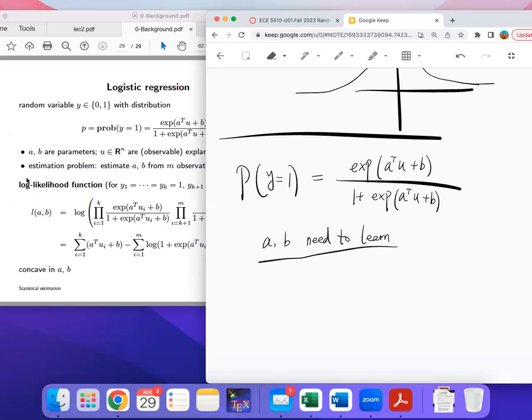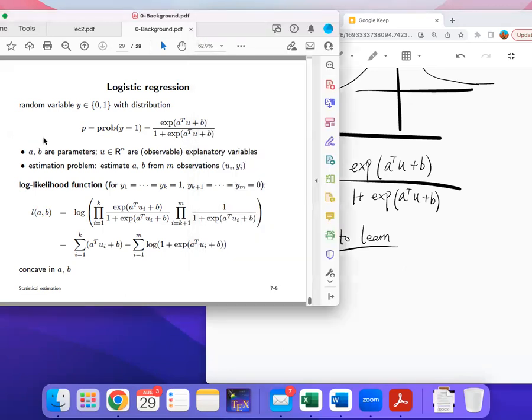So this is again, we can do this by following the maximum likelihood framework. The problem is to learn A and B, or estimate A and B, from n observations. I give you n patients, features, labels, and we can build this log likelihood function.